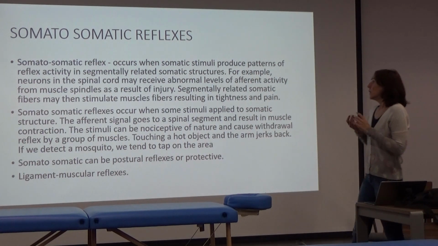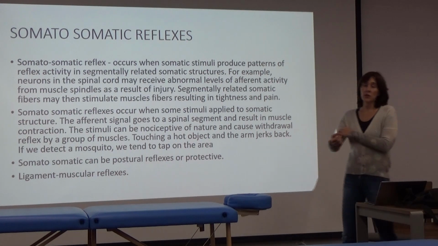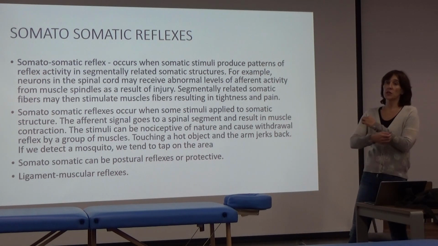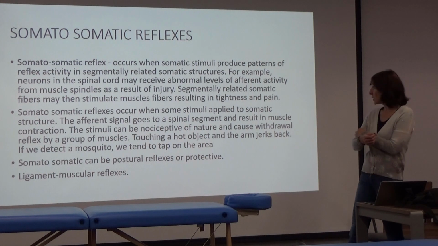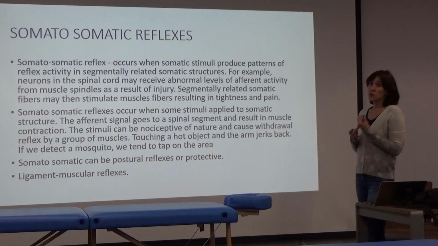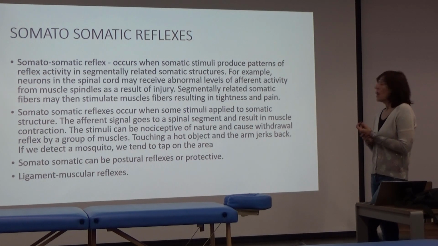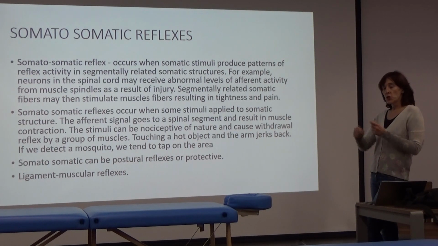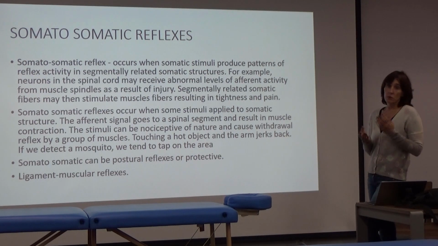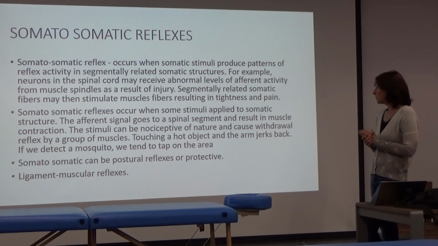So, again, if we had a trauma and it affected our muscle spindles, the sensors which are responsible for stretching, then we're going to have an excessive signal at the level of the spinal cord, and then the motor innervation to the muscle is also going to be excessive. It could cause spasm or pain sensations.